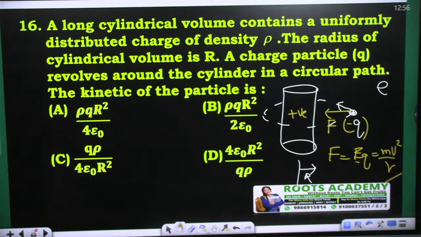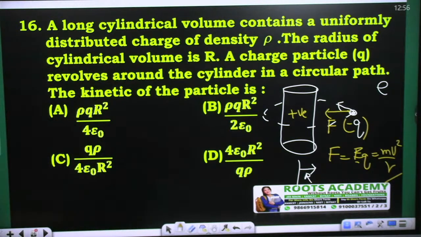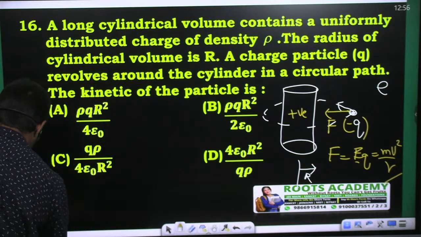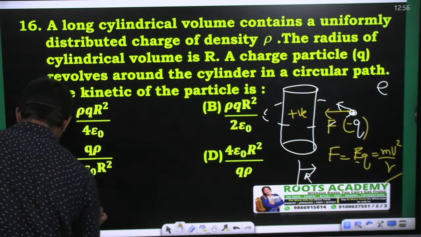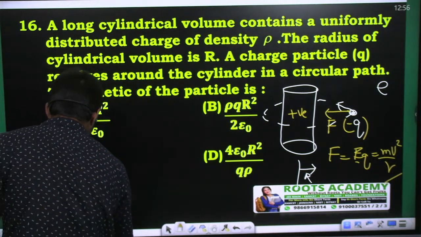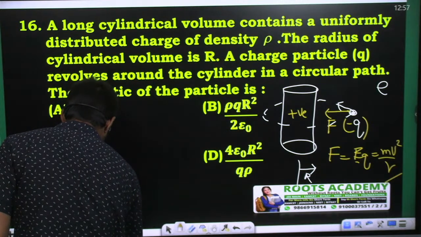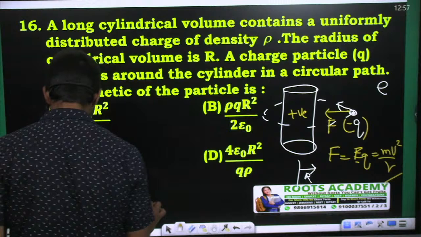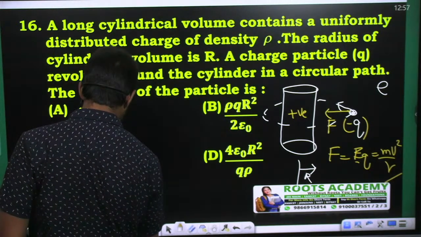So what do we have? mv square by r is equal to EQ, right? mv square by r is equal to rho r square by 2 epsilon naught, into Q. This is the standard notation that we can derive for electric field.